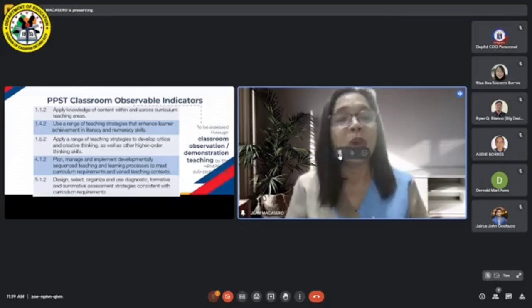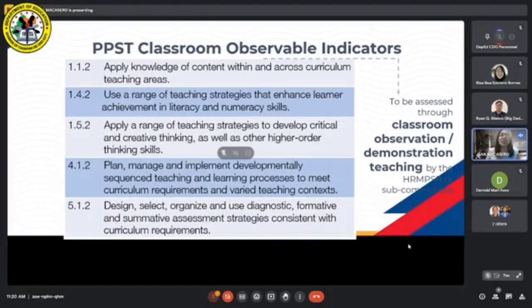Next is 1.5, apply a range of teaching strategies to develop critical and creative thinking, as well as other higher order thinking skills. So your way of giving questions, your way of giving a formative or summative test, with the different strategies that you will be using in your demonstration.